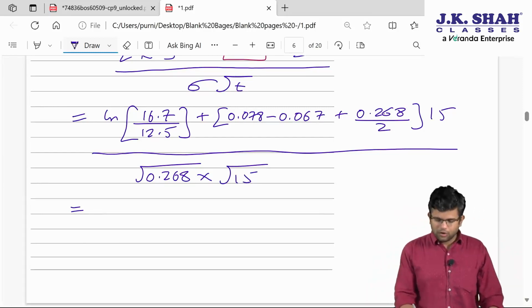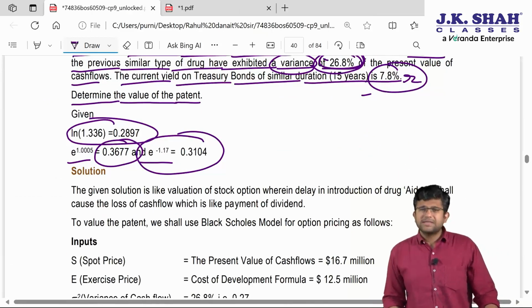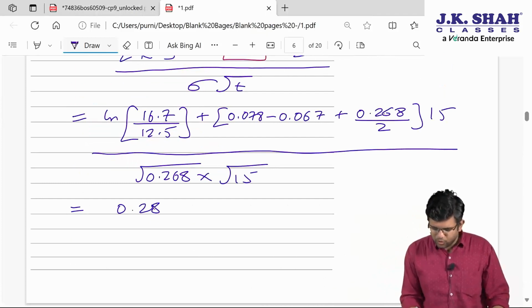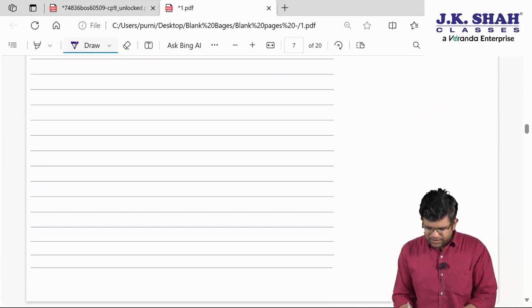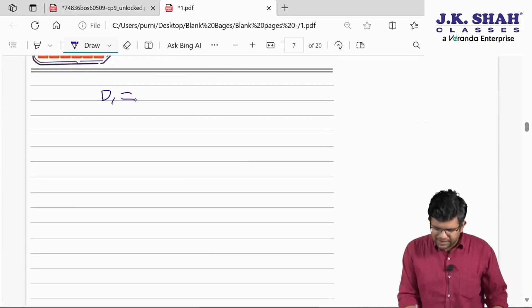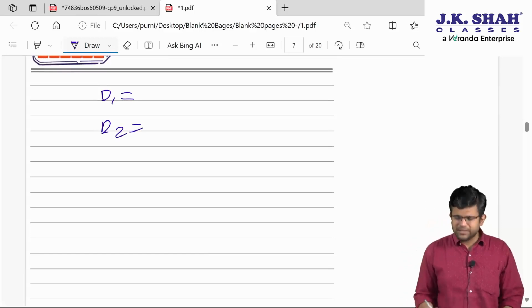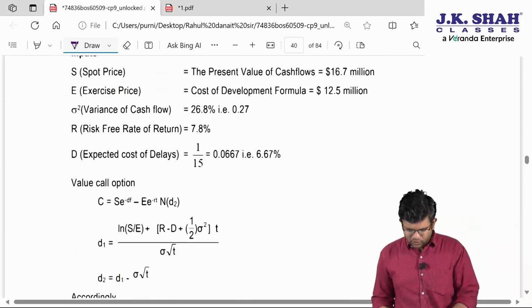You need the natural log of 1.336, and that is exactly what they have given to you, 0.2897. So here we will put 0.2897 and so on you will do. At the end, students, I hope you realize you will get the D1, and similarly you will get D2 also, right? I am skipping all that process here. The D1 and D2 once you get, I'll straight away take you to the ICICI solution now.